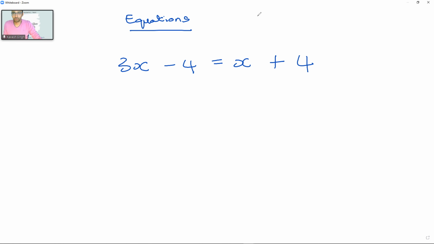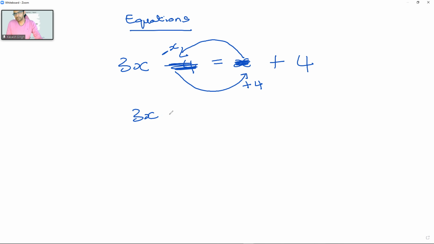Thinking about the word move might sound better. Let's say I move x, and it becomes minus x, and it disappears. Let's say I move minus 4, and it becomes plus 4, and it disappears. I'm going to be left with 3x minus x, can you see that? Equals 4 plus 4.